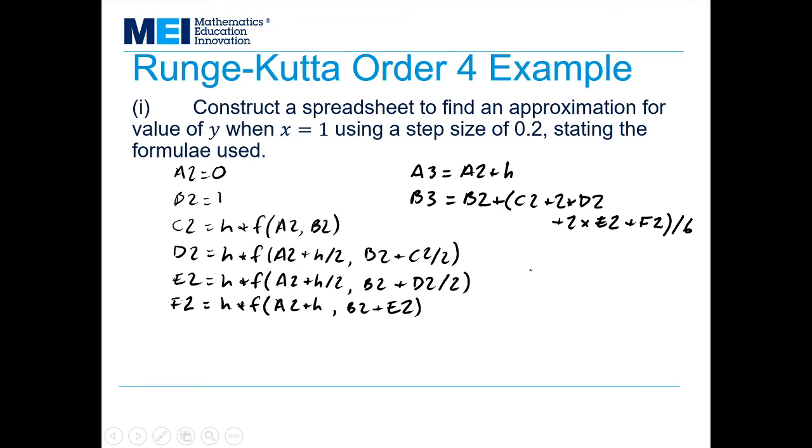Now we looked at the step size h equals 0.2 first of all, and of course I need to specify what f was, so f of x and y is equal to (x + y) over y squared.